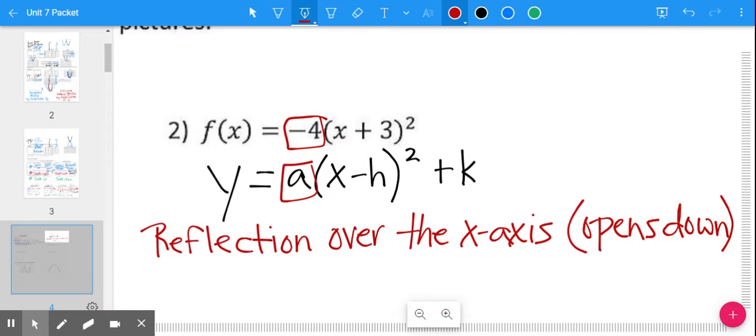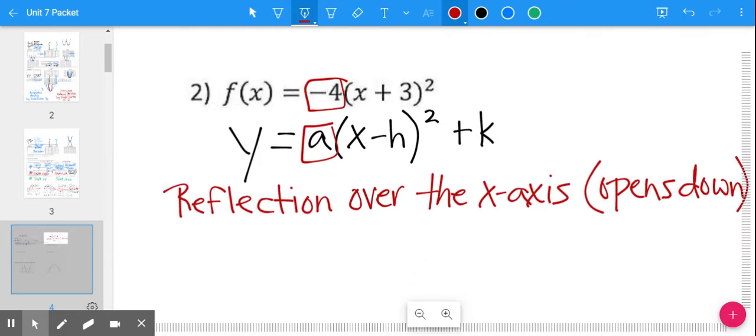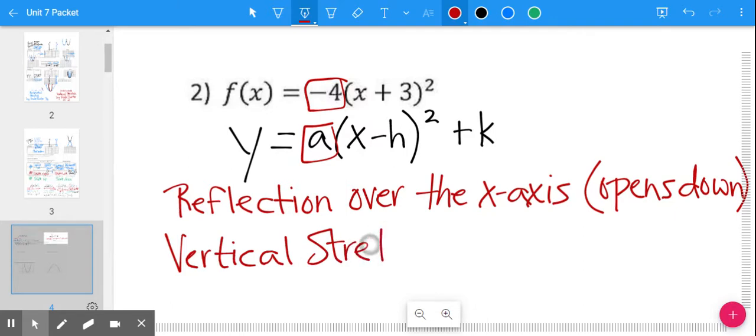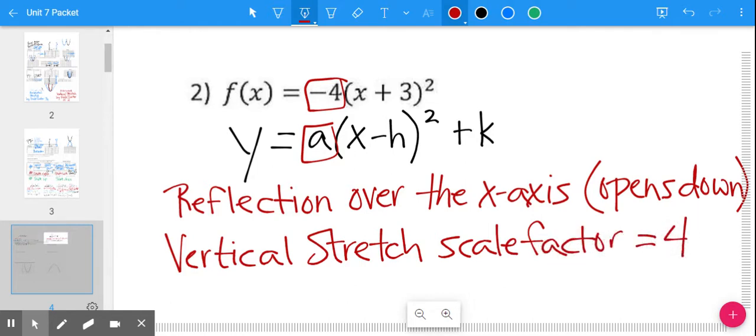The 4, which is larger than 1, means that it is a vertical stretch with a scale factor of 4.